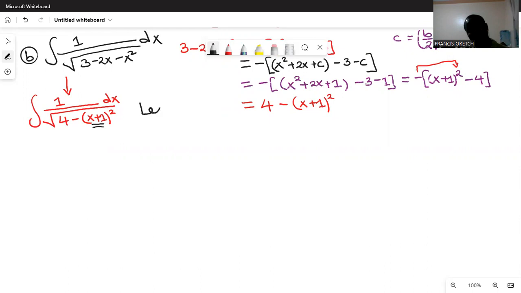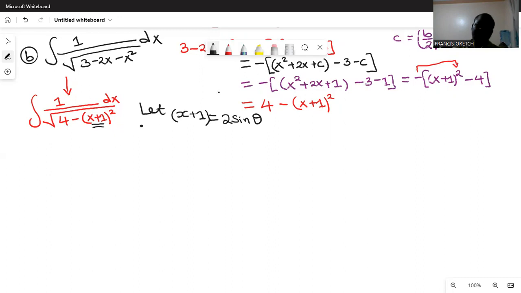So you let x plus 1, the whole of that, be equal to a, and our a in this case is 2. So we're going to write 2 sine theta. Now you need to differentiate the left-hand side and the right-hand side.